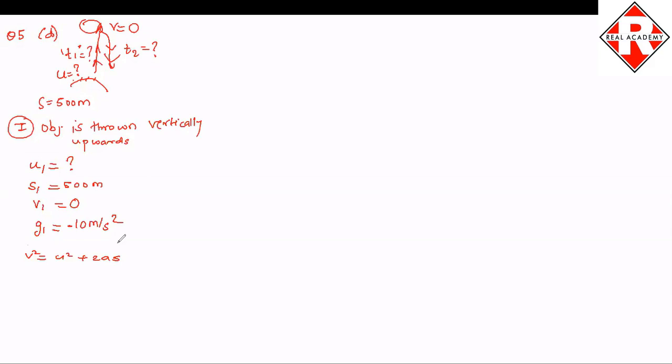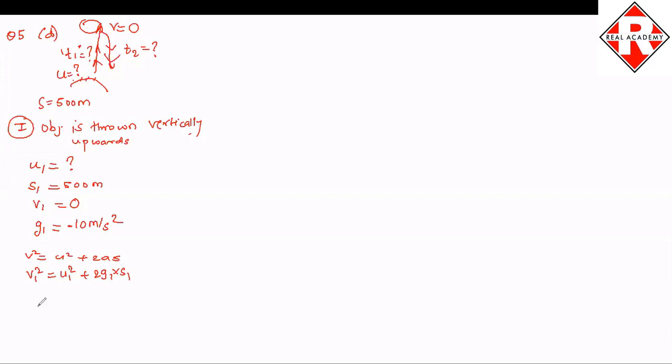So simply substitute the values now. I know v is 0, so this will become 0. u square is to be found, I'll just write u1. So that is v1 square equals u1 square plus 2 g1 s1.